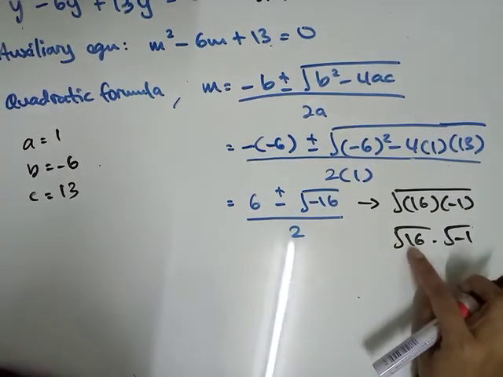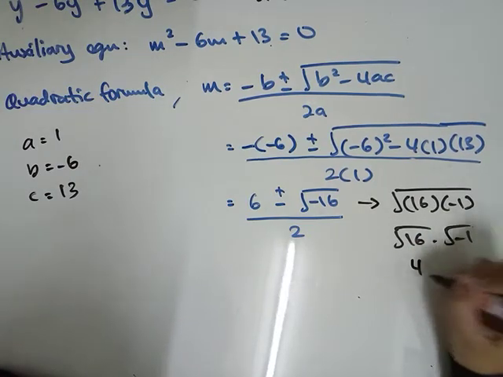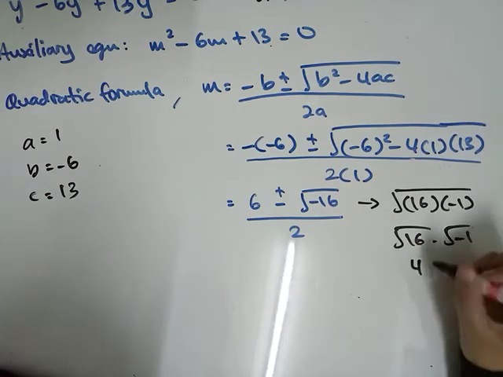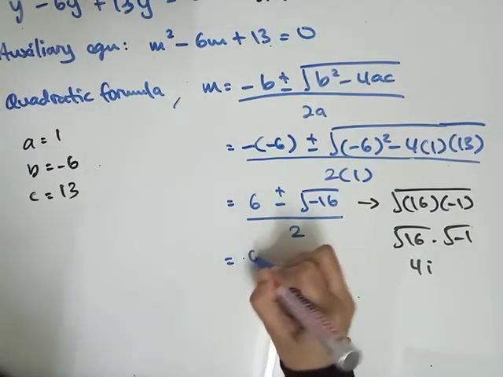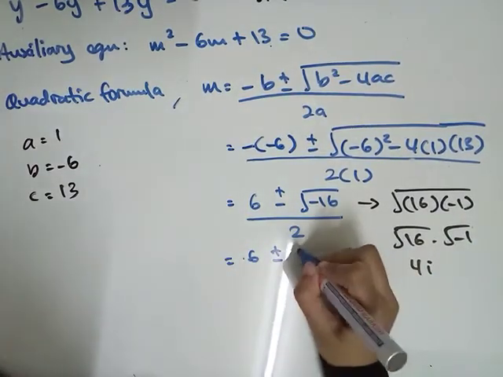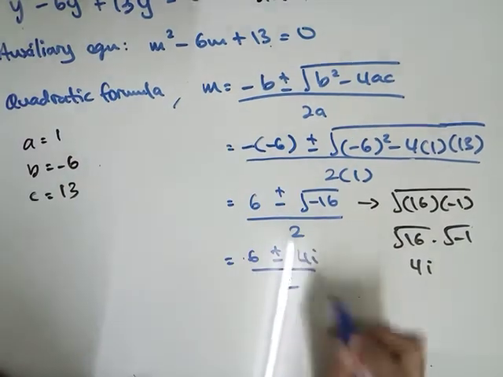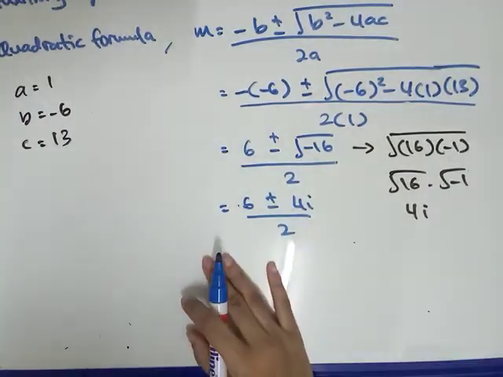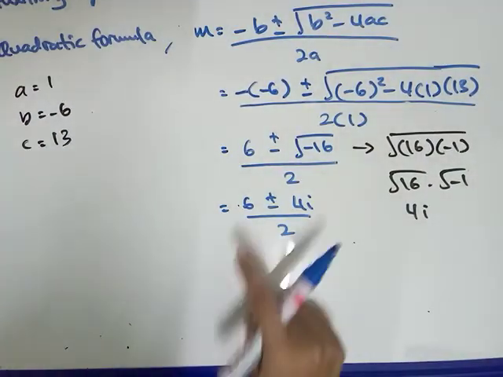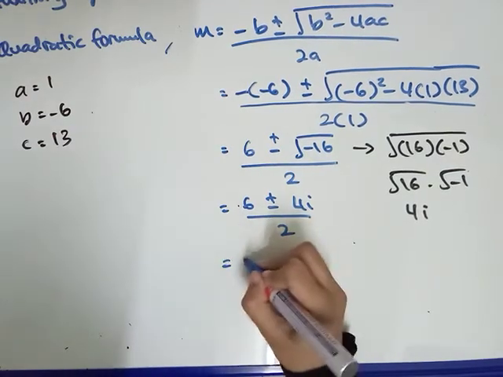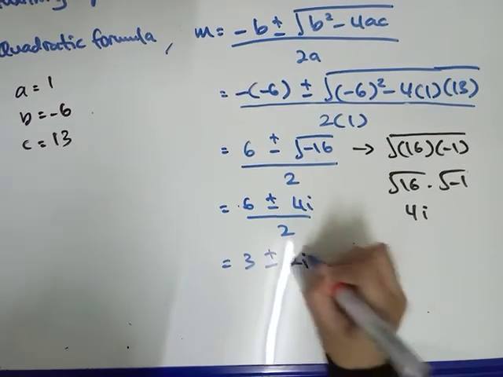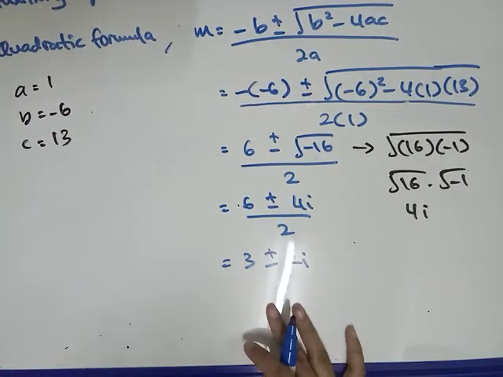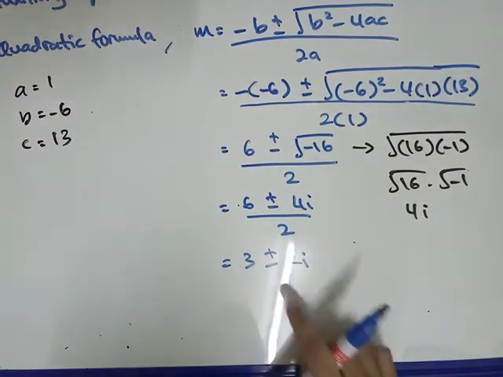Square root 16, simplify, you will get 4, right? Square root negative 1 is i. So, the answer is 6 plus minus 4i divided by 2. Okay. 6 divide 2, you get 3, right? 4 divide 2, you get 2. Okay. So, this is for m.